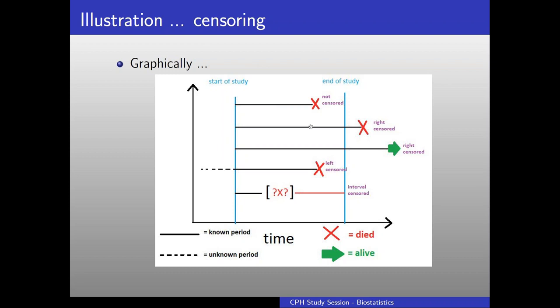This person here, the second one, we started observing, and our study ended at this second blue line. Then this person eventually died. In general, once the study ends, we don't know if this person died or not. So for the purposes of the study, this person was right censored because they didn't die by the time the study ended.